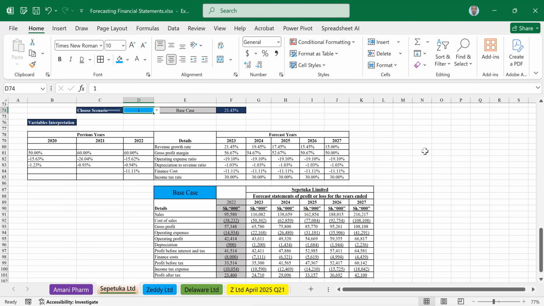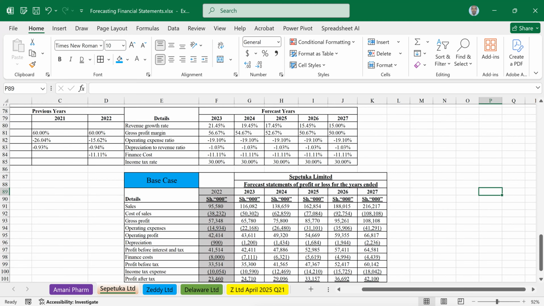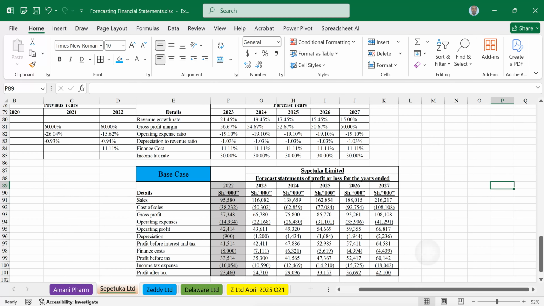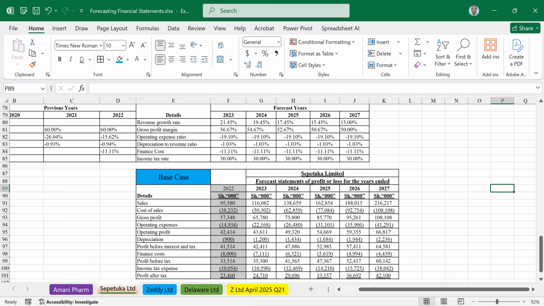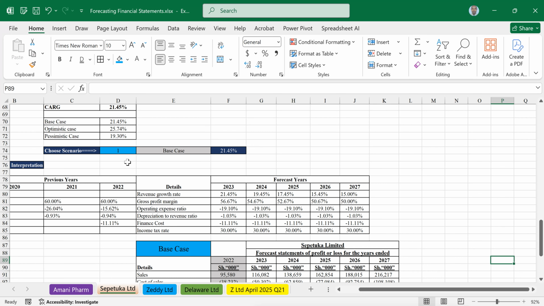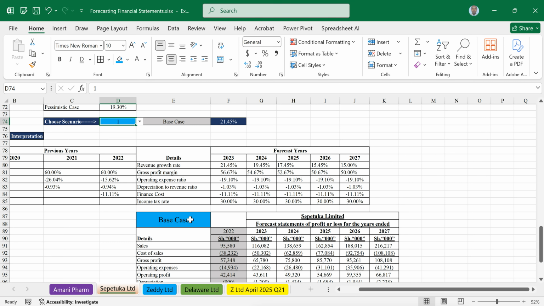So we have done that under all those 3 scenarios. You leave it at 1, and you may decide to remind the examiner to switch between scenarios. So switch between scenarios here. Any questions?